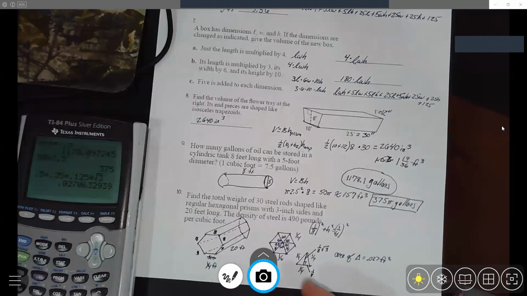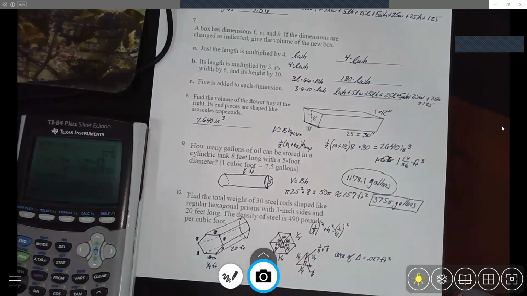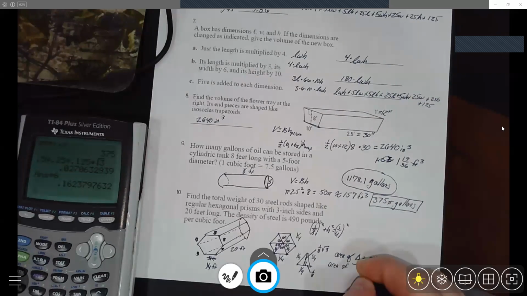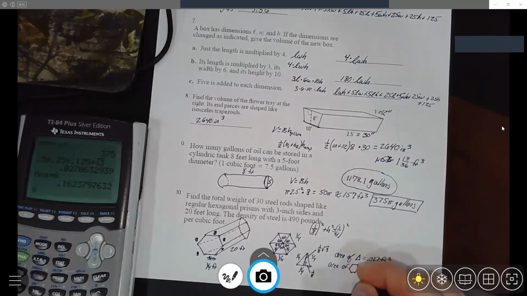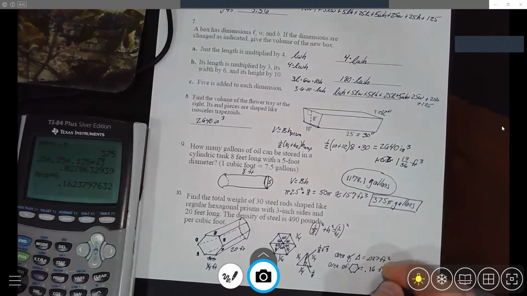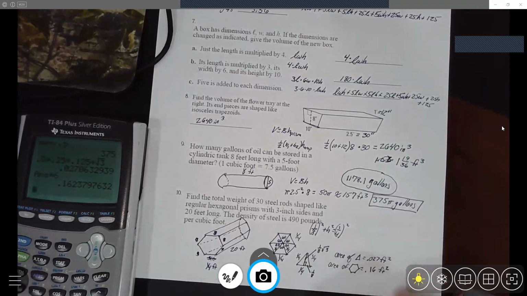Now there's 6 of these triangles in my hexagon, so I have to multiply that by 6. So the area of my hexagonal base is 0.16 square feet.